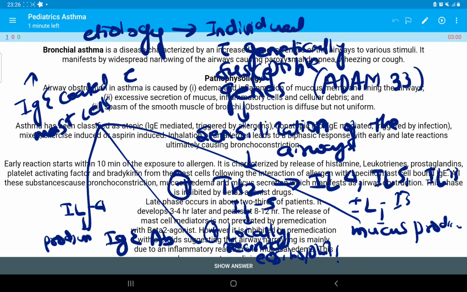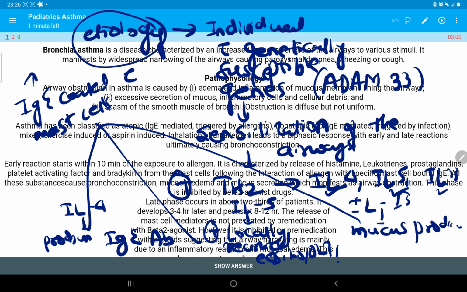Let us revise it again. When the etiology is there, it causes sensitization of the airway in individuals with genetically susceptible genes. When there is sensitization of the airway, there is activation of the T helper cells. When the T helper cell is activated, it releases interleukin 4, 5, and 13.